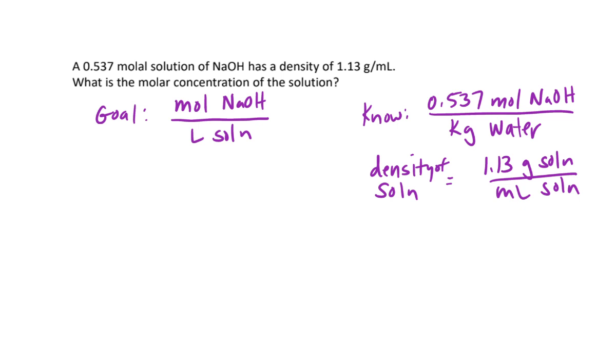So how do we start? We have our goal, we have these two pieces of information. What are we going to get from moles per kilogram of water to moles per liter of solution? We can make an assumption. What should we assume?